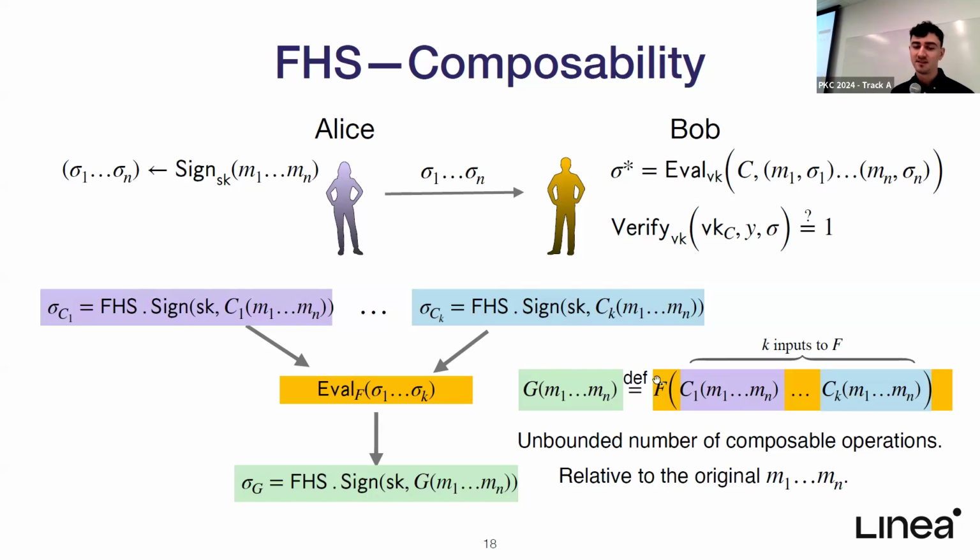So these are the inputs, and this is the new function that we are applying. Conceptually, we want to do this again and again, so this G can become the input of some other evaluation procedure. This property is actually one of the hardest to achieve. But all of these are properties that FHE inherently has. FHE can always continue to evaluate homomorphically.